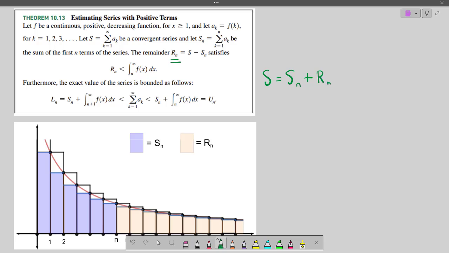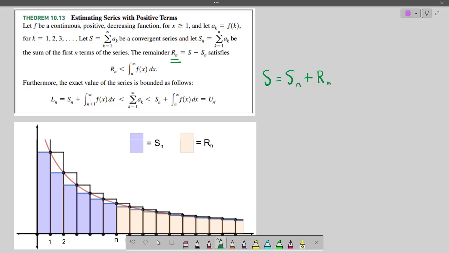So your S sub 1,000 is going to be the sum of the first 1,000 terms, and then your remainder will be called R sub 1,000, which will be the sum of the tail. If you have S sub 1,000,000, that's going to be even closer to the true sum. And your R sub 1,000,000 will be that little tiny difference.